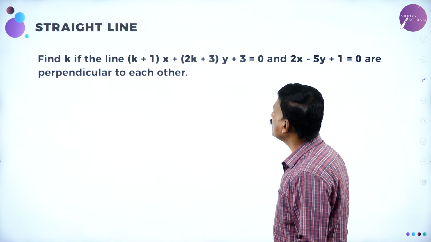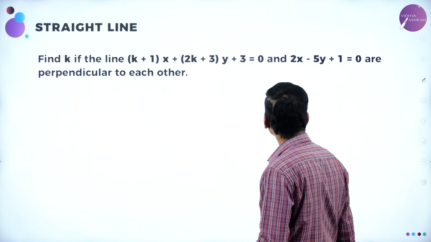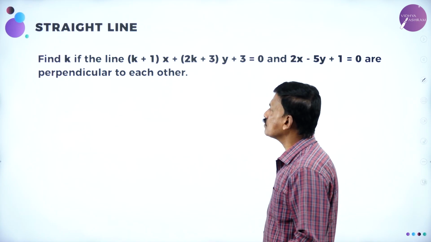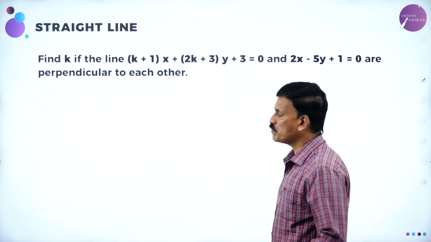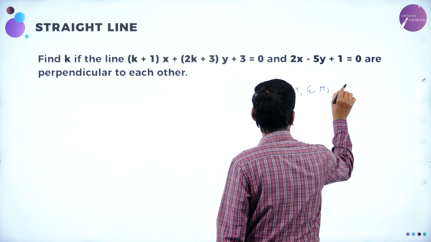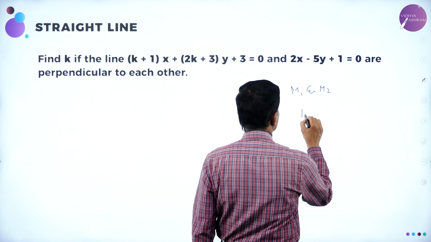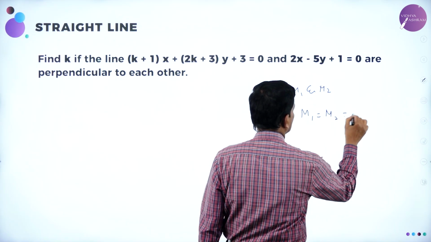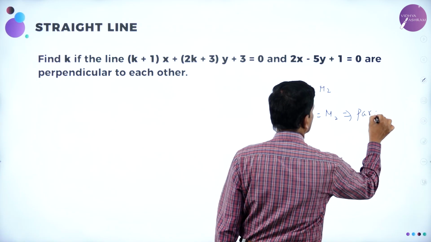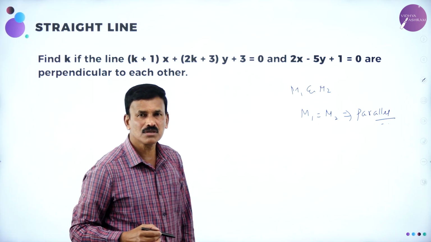Find k if the line k plus 1 into x plus 2k plus 1 into y plus 3 is equal to 0 and 2x minus y plus 1 is equal to 0 are perpendicular. Now suppose m1 and m2 are the slopes of the two lines. If m1 is equal to m2, then the lines are parallel. The condition for the lines to be parallel to each other is m1 is equal to m2.